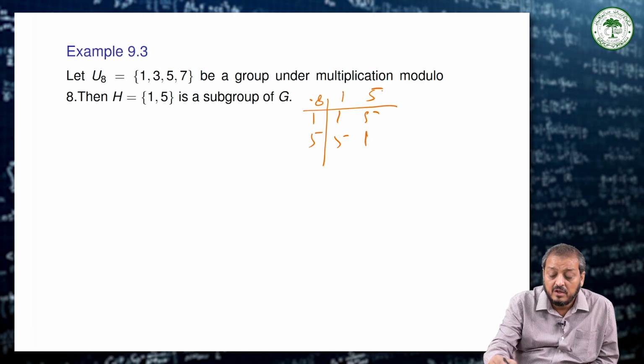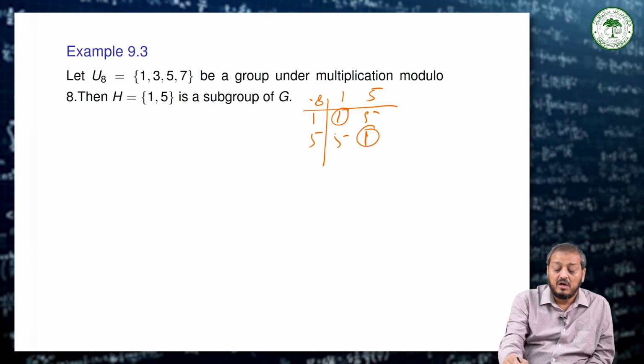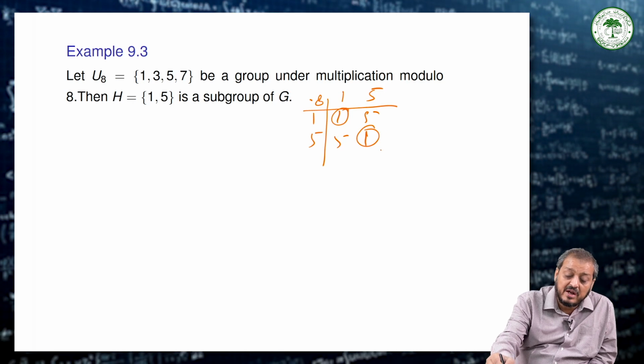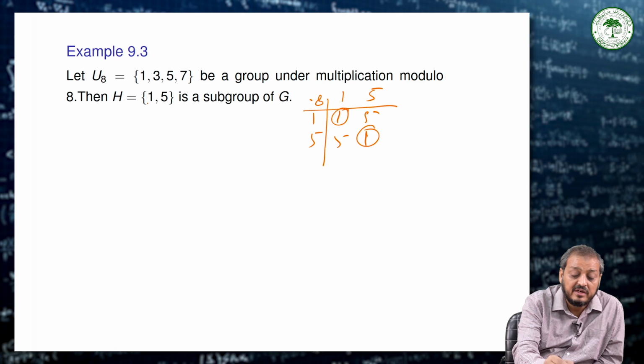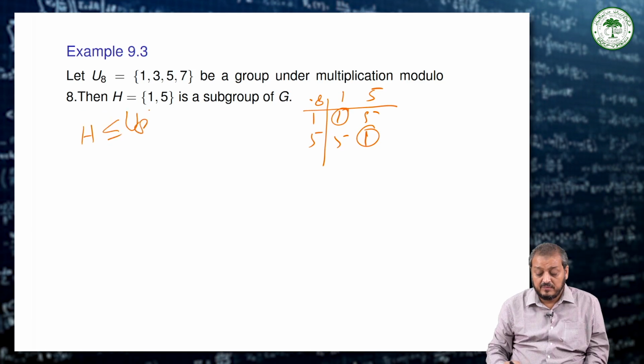So clearly the identity element is here, and all the elements of this table are elements of H. So clearly H is a subgroup of U8.